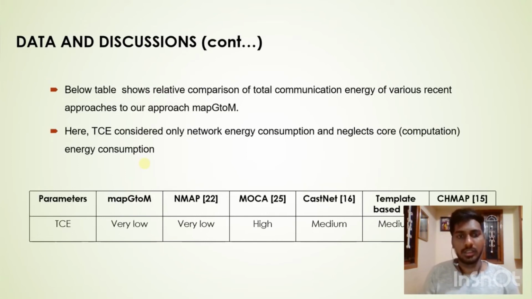Okay, then what they have shown, as they have told in the summary itself, is that map G2M consumes very low total communication energy, like nmap.